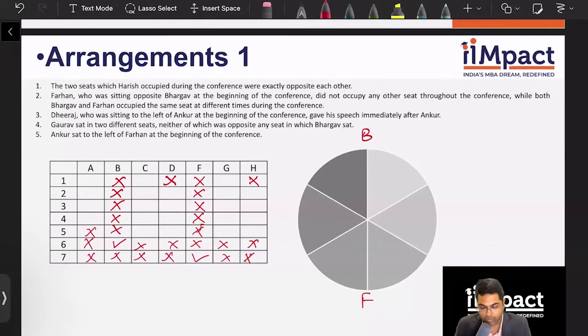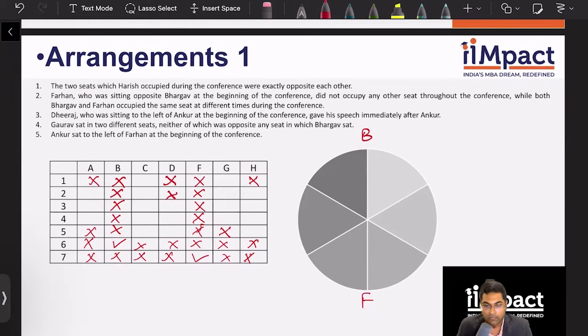So I can just strike that out. Also, one more thing which we forgot to take out from clue number 3, that Dheeraj and Ankur were at the table at the beginning of the conference. So A and D cannot be first. So if A is not first, D cannot be second, because the earliest A can go is second, and therefore the earliest D can go is third.